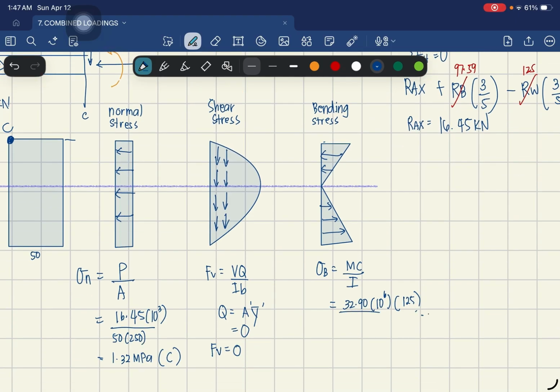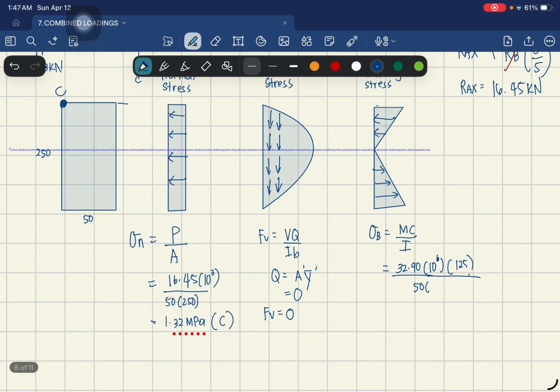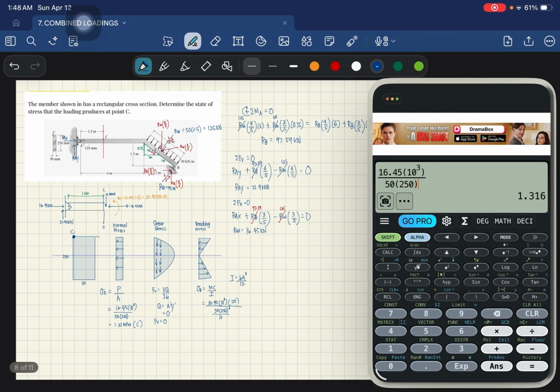Over yung moment of inertia ng rectangular section natin is equal to base times the height raised to 3 over 12, or yung moment of inertia ng rectangular section, bh cubed over 12.